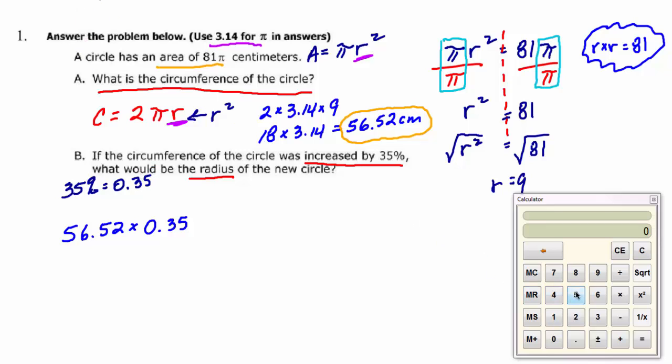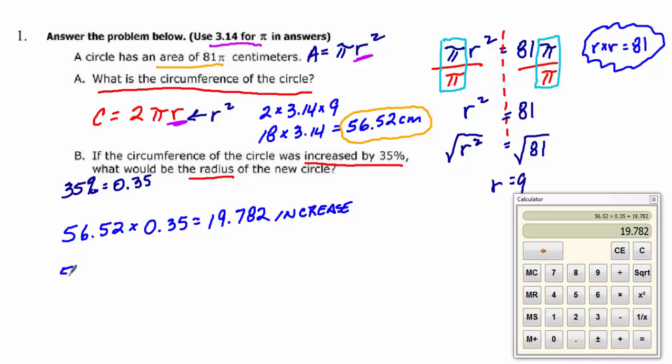Let's multiply that out. 56.52 times 0.35 is equal to 19.782. And that's not our answer, that's the increase. That's how much it's growing by.